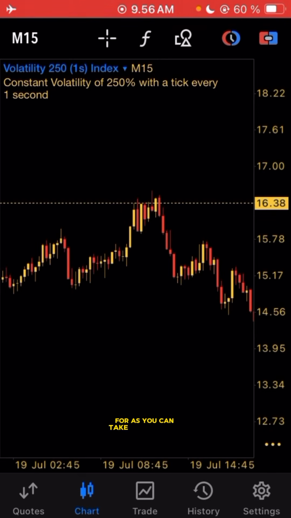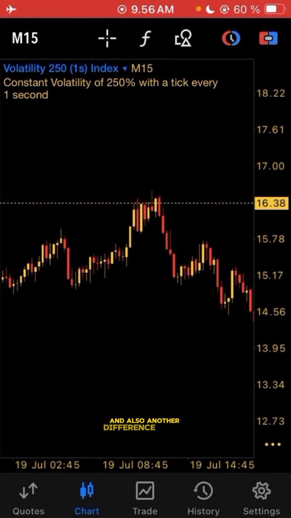For forex, you can take a trade and just wait for some time, and there'll be a little play in the market. The market might consolidate, the market might give you a little drawdown. But synthetic indices won't just give you drawdown, it will almost give you a heart attack. So that is the difference between forex trading and synthetic indices.